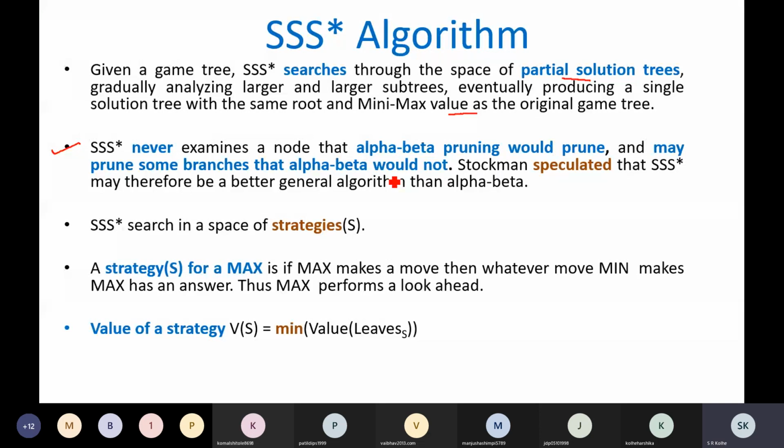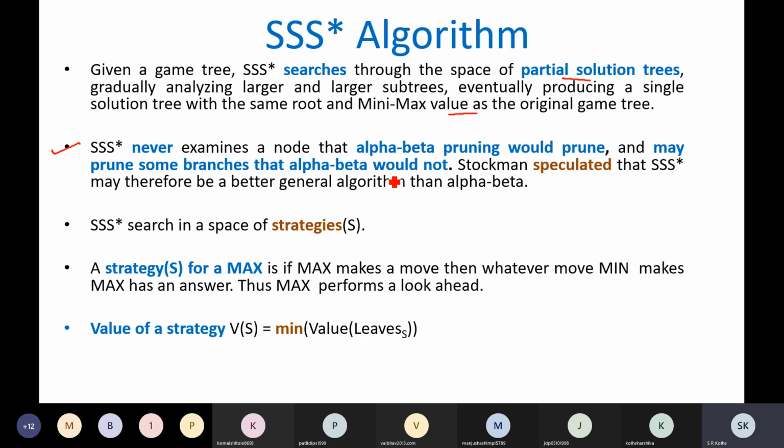If you can recall, in the minimax algorithm the complete game tree has to be generated. That is not the case in the alpha beta cutoff algorithm. In alpha beta cutoff, at any time if you find that alpha is greater than or equal to beta, then you come to know that you need not go further along that path, and we prune the corresponding branch.